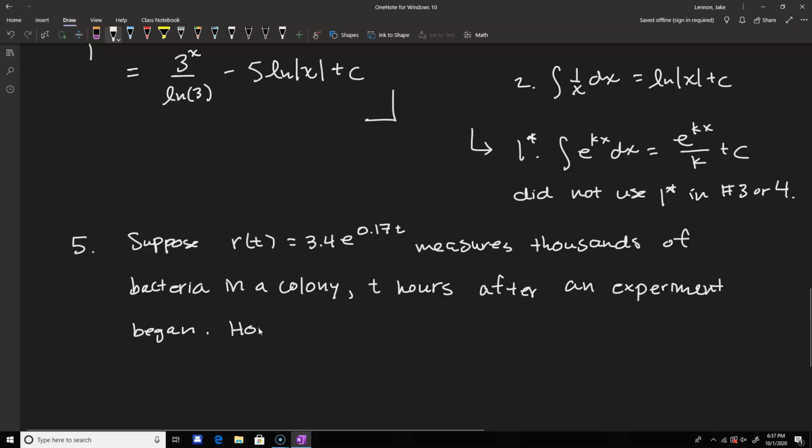How much did the bacteria increase after the first 4 hours?